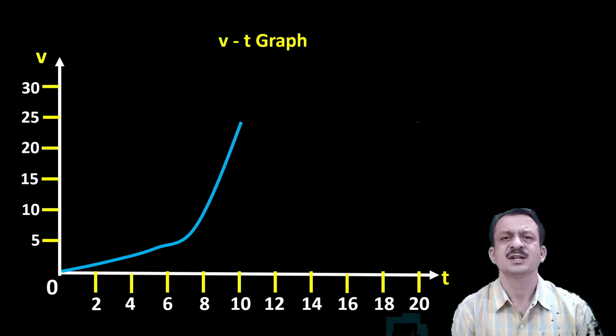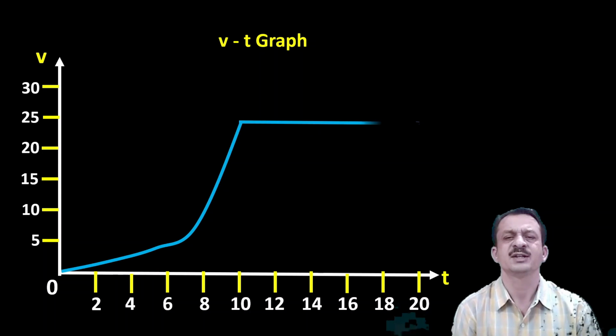Since the velocity is constant, we should get a straight line parallel to the time axis, as shown in that graph. That straight line indicates that velocity is constant. As the car approaches the 18th second, the velocity remains constant.